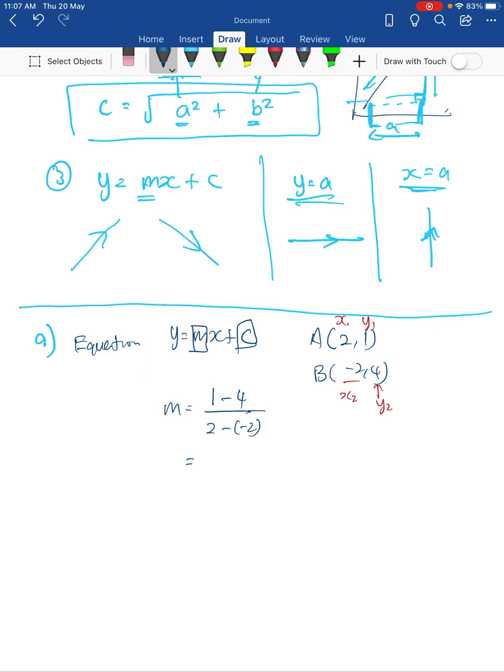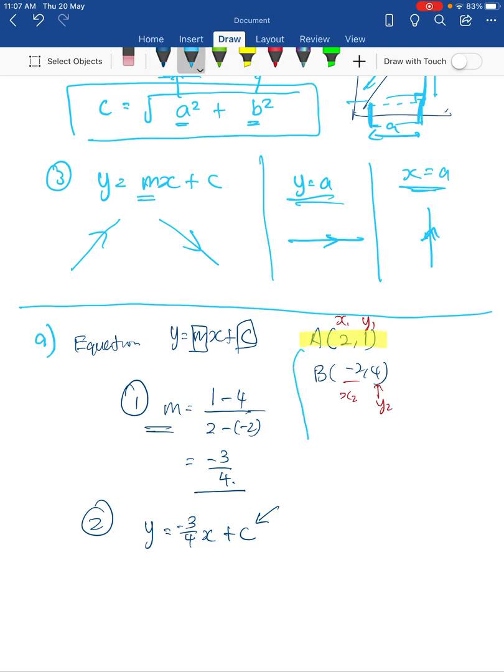Let me just calculate that. It's minus 3 over 4. Once you got the gradient, we put it in, and we want to find the c now. First step, we found the m. Second step, we want to find the c. How do you find the c? We sub in one of the points, either one, both are fine. Put it inside the equation, sub x and y inside.